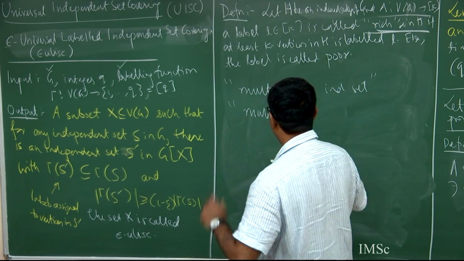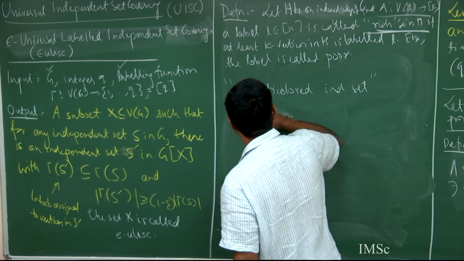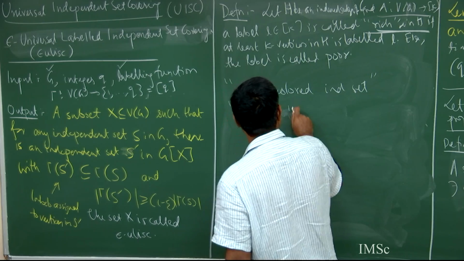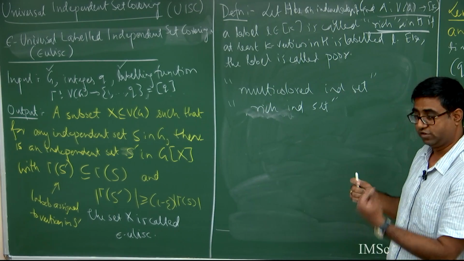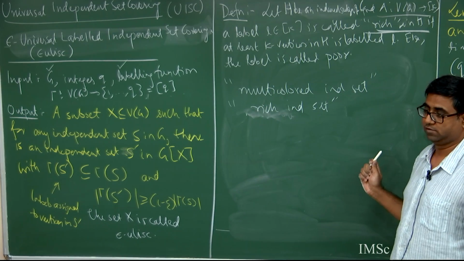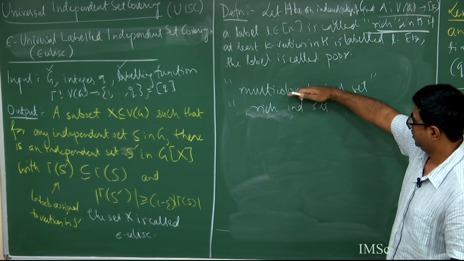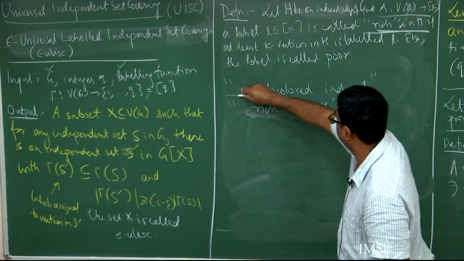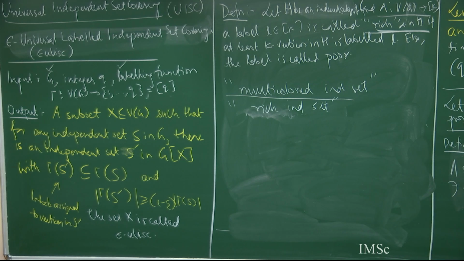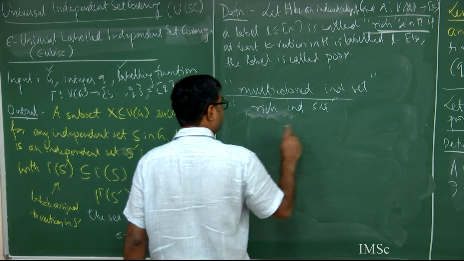Let us call it a rich independent set. What is a rich independent set? It is a set which is independent and contains all rich labels. This is an analog: I do not know how to find a multicolored independent set, but can I find a rich independent set?